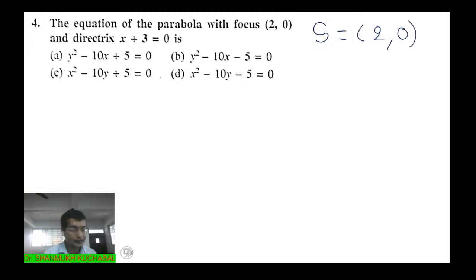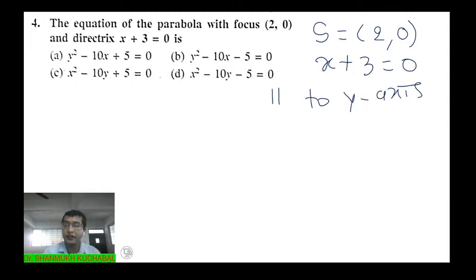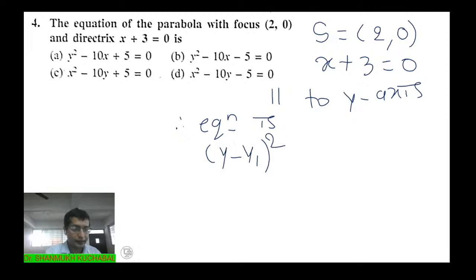The directrix is given as x plus 3 is equal to 0, which is parallel to the y axis, we observe. So the related equation we write is y minus y1 whole square equal to 4a times x minus x1.